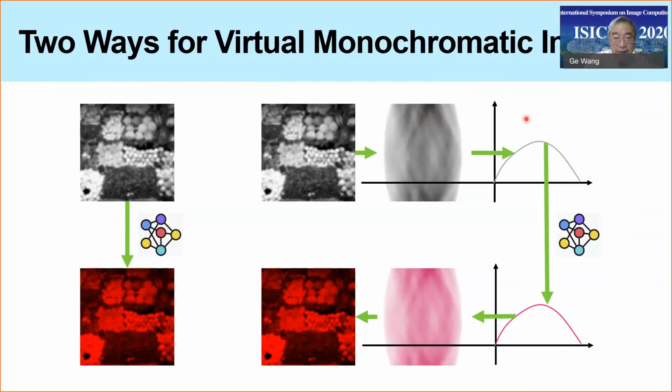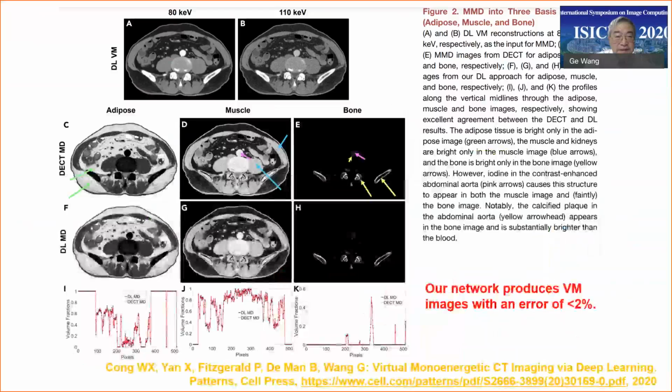So you do it this way. You see the input is a one-dimensional projection profile. And then we use 5 hidden layers to do deep learning, much simpler than what we could do in the image domain. And we get very reliable results. So this is an example. You see with machine learning, we do dual energy monochromatic imaging. Then we go ahead and do material decomposition.